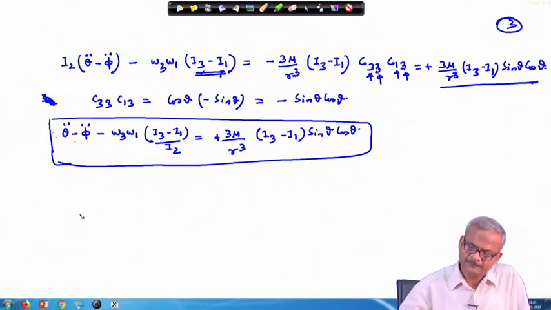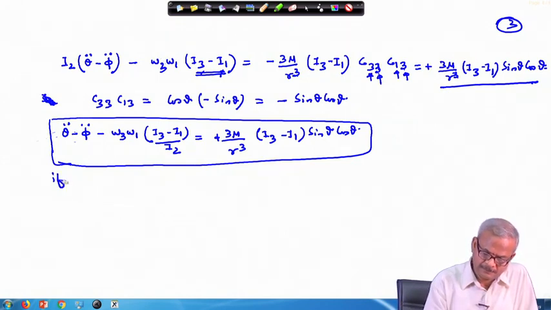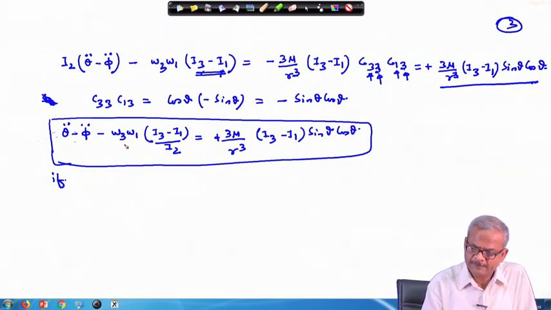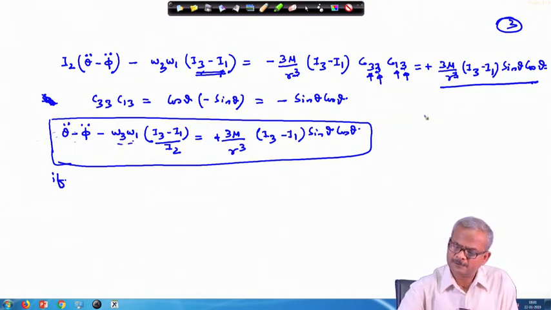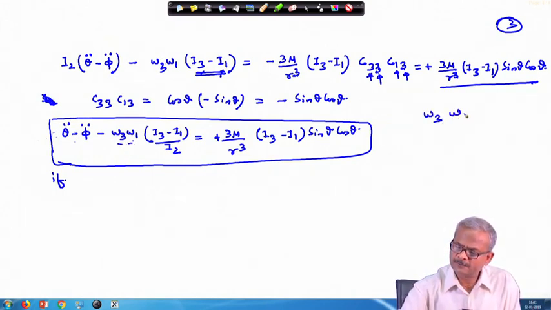Now, if we are considering the large motion, okay, so omega 3 and omega 1, if you look into the omega 3 and omega 1 motion.